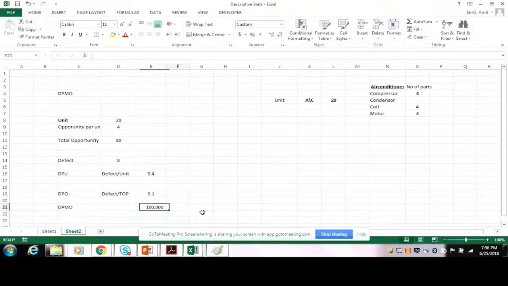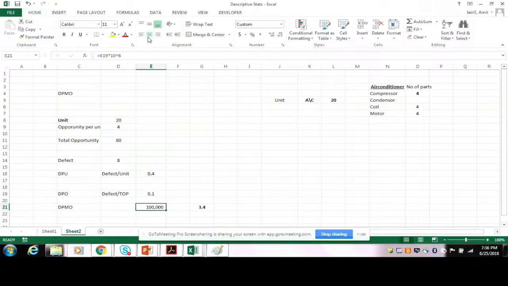We know for a process to be working at a 6 sigma level, we should be creating only 3.4 defects per million opportunities. How many defects are we creating here per million opportunities in this example? 100,000 per million. So what do you think, would the sigma level be higher than 6 sigma, lower than 6 sigma, or somewhere near 6 sigma?